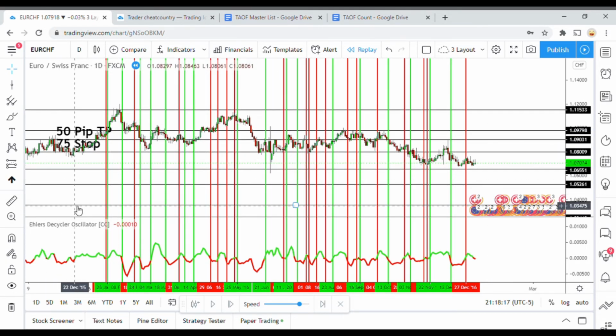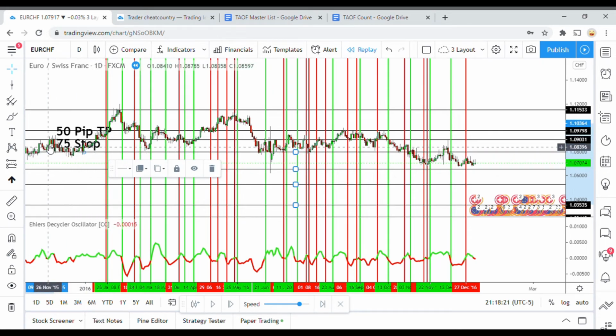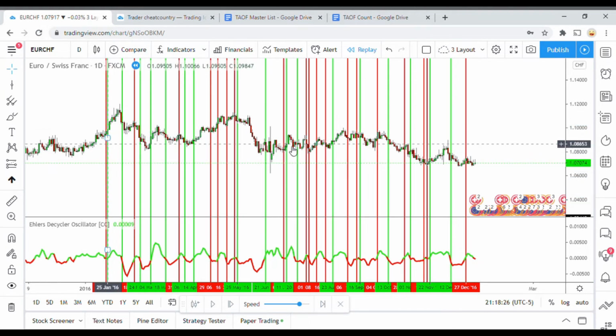Alright, so there we have it. Man, that's a good deal of trades. Go ahead and delete out those support and resistance lines. And let's get a count of these things and see what we got.